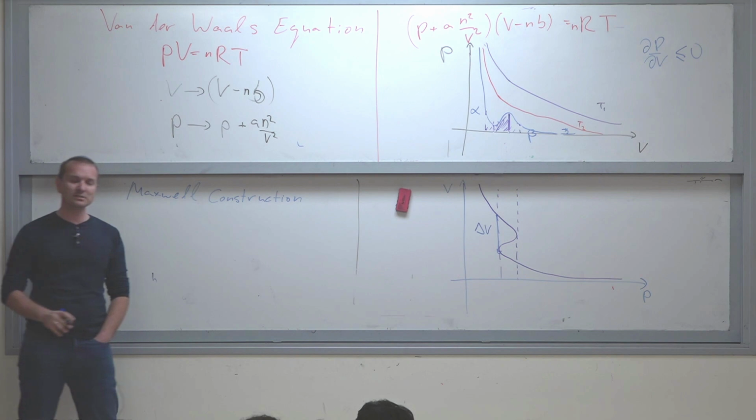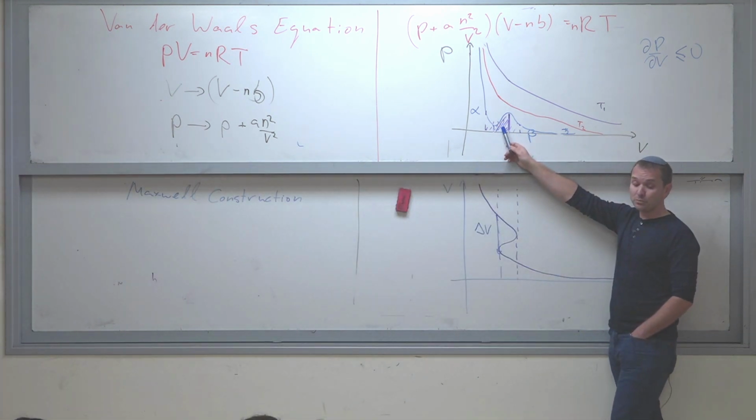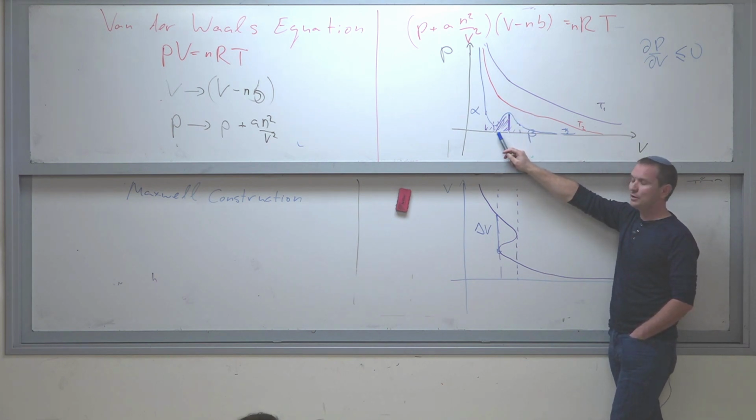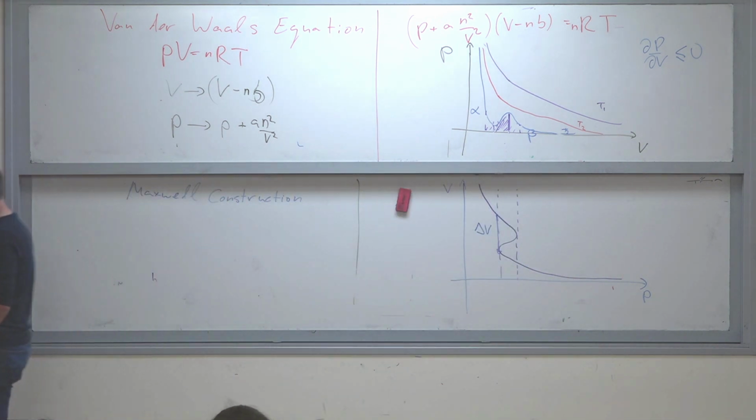The whole point of the Maxwell construction is to overcome the non-physical properties of this region over here and say what exactly should happen in this region, and how I find the proper pressure and the proper volume for which the phase transition will occur. Any questions so far? No? All right.